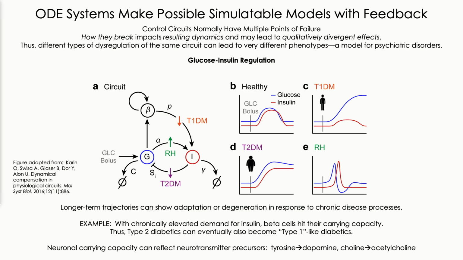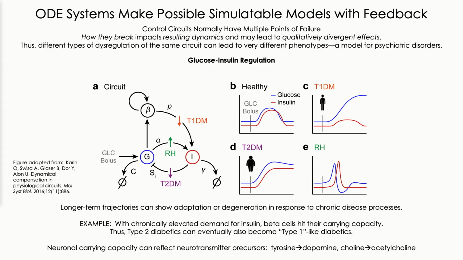And note that when I say carrying capacity, in the context of neuroscience, this is a very real concern because a lot of these dysregulations are putting a tremendous amount of excess stress on the system. So if you are in a state like mania, where you're rapidly depleting dopamine, then what you're going to do is put a lot of stress on precursors for dopamine, like tyrosine, for example, where acetylcholine has a precursor choline.